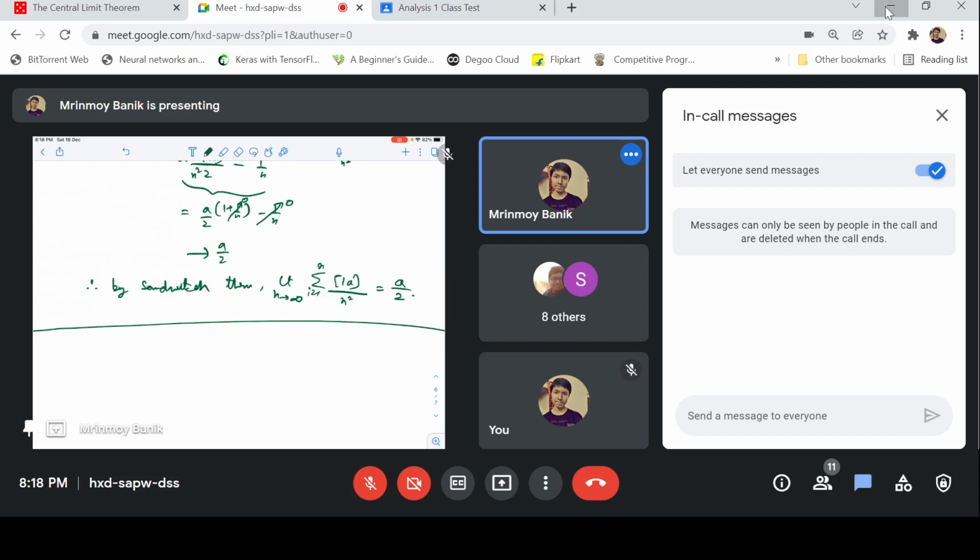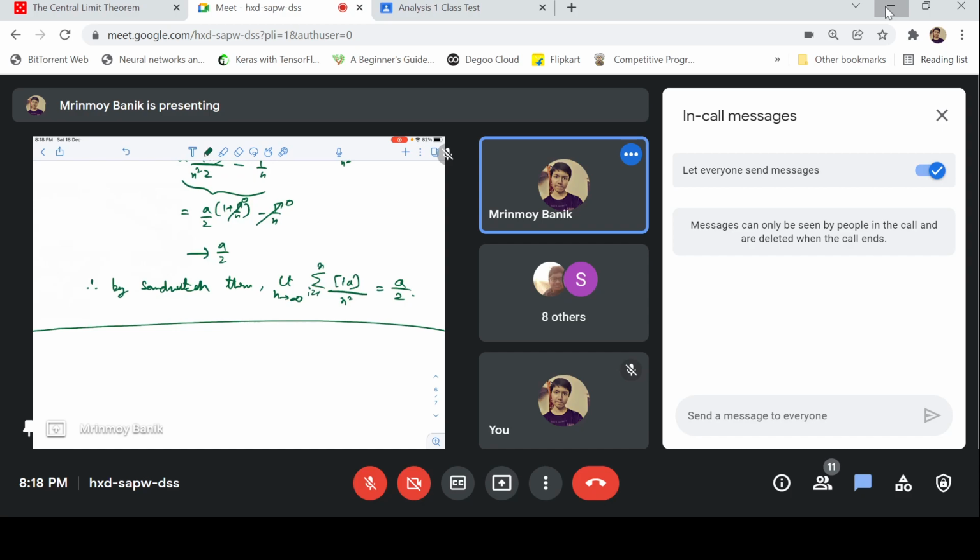What is the definition of convergence? F of xn is convergent to f of a if and only if for all epsilon greater than 0 there exists capital N in the natural numbers such that for all small n greater than capital N, mod of f of xn minus f of a is less than epsilon.